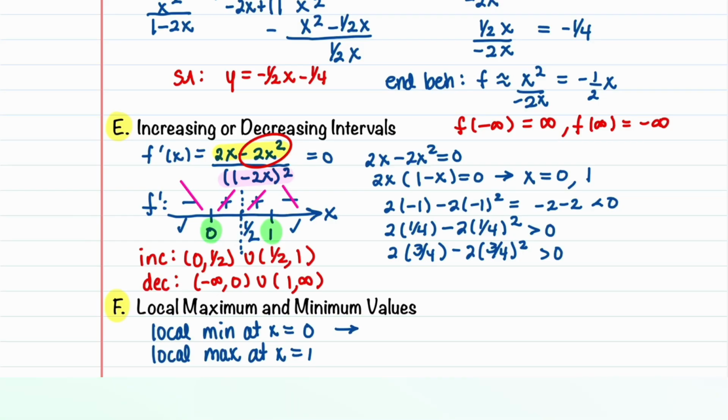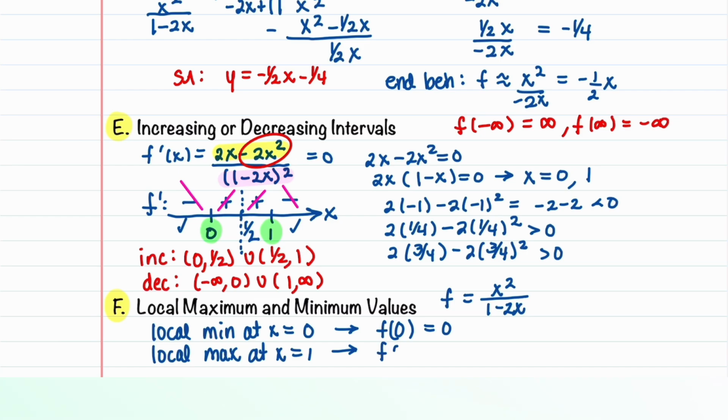Now what we have to do is find the value of the function at both of those points. Our function f is x squared all divided by 1 minus 2x. So f at 0 is 0 over 1, so that's just 0.